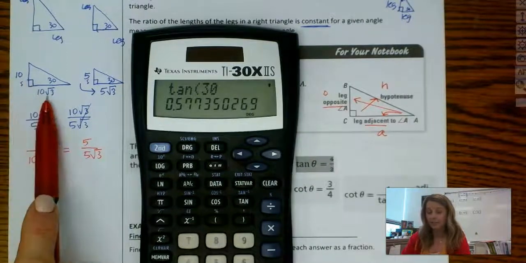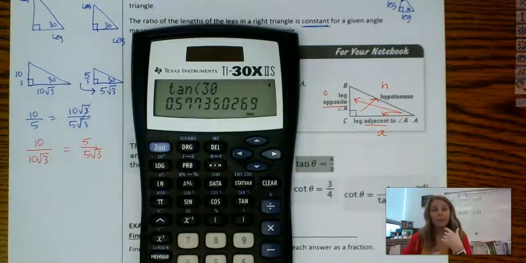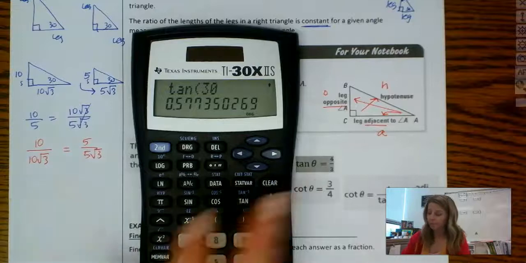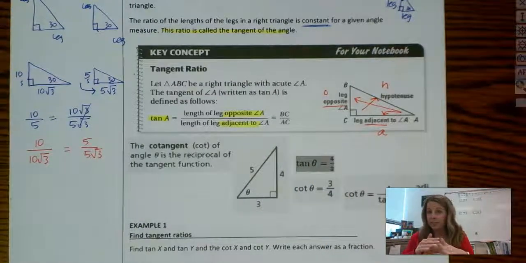So 10 divided by 10 square root of 3 is this 0.577, but because it's always going to be that same number for every 30-60-90 triangle, we have it programmed into our calculator, and that's how the calculator knows the amount. So I want to stop there and let you practice that a little bit before we use it to find side lengths.